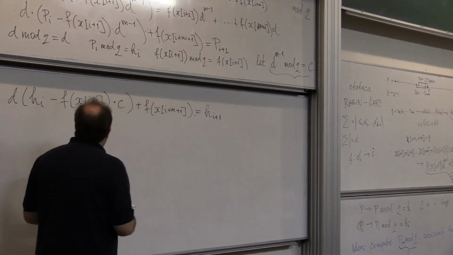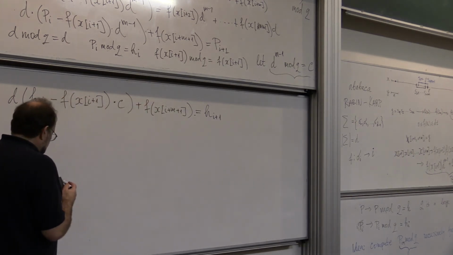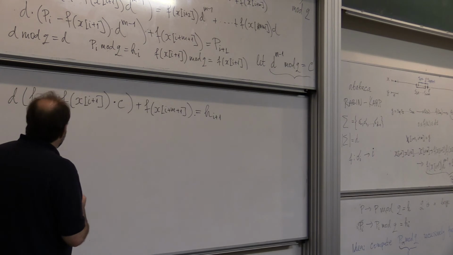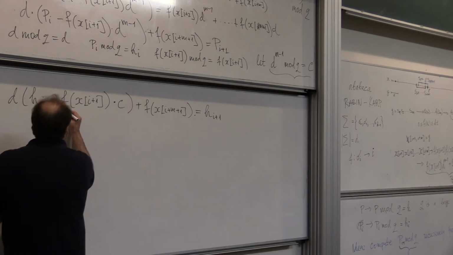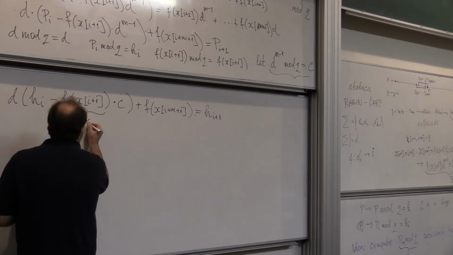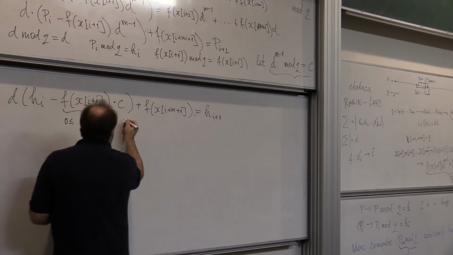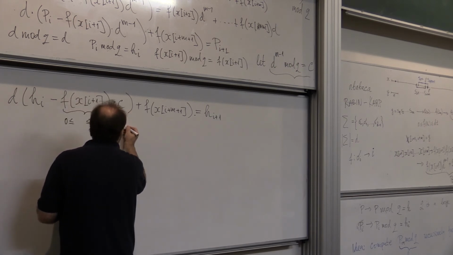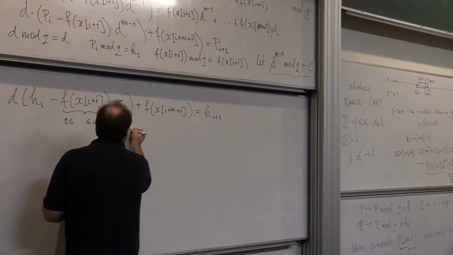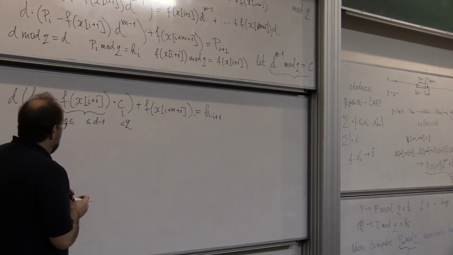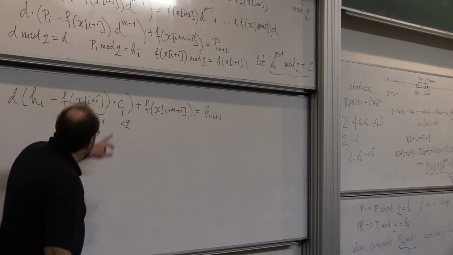So now you can see what we simply have to do. We know now that this is between 0 and d minus 1. We know that this is smaller than q. So how large should q be?